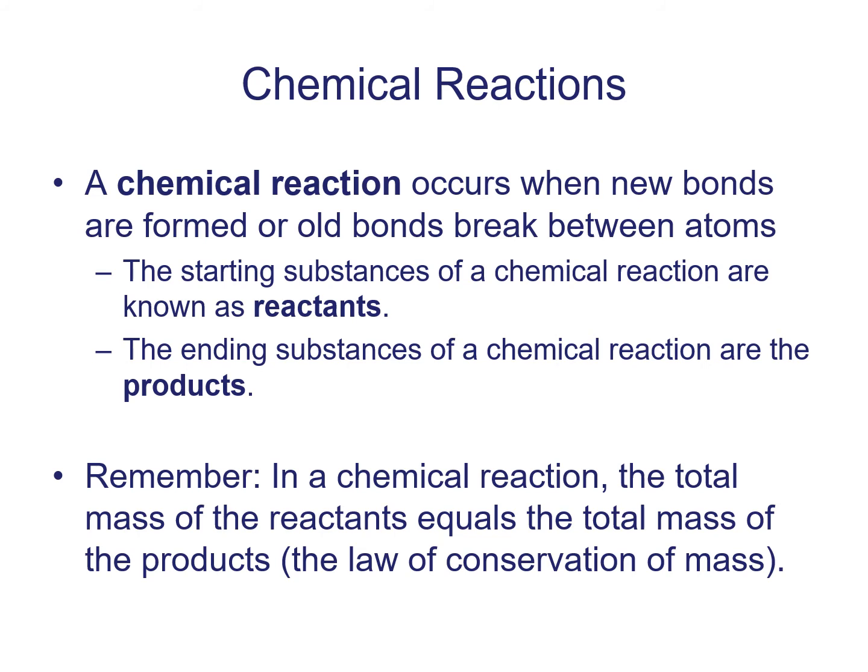So in a chemical reaction, we're not creating new elements, we're creating new compounds. We're not destroying elements. So for instance, the amount of carbon on the left and right of the equation should be the same. The amount of oxygen on the right and left has to be the same.